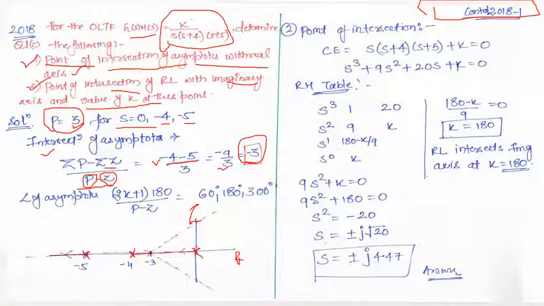Now you don't have any pole on the right side of the origin, hence the root locus must start from this origin and move towards -4. Okay, from -4 there will start a new root locus which will go towards the origin. Similarly, from -5 also there will start a new root locus which will go in this direction towards negative infinity.